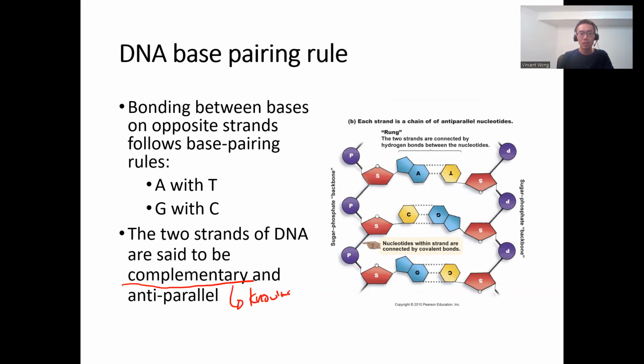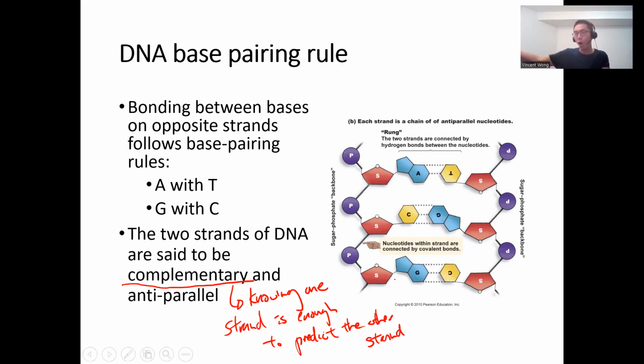Knowing one strand is enough to determine the other strand. If I tell you this side is AAC, then the other side must be TTG, right?